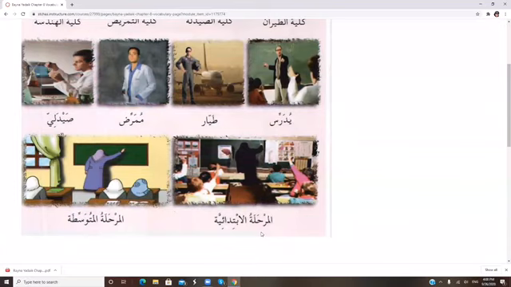Let's try that one again. Al-Marhala al-Ibtidaiya. Very good. Al-Marhala al-Mutawassita. Let's try that one again. Al-Marhala al-Mutawassita. Good.